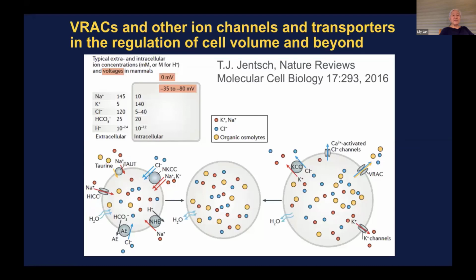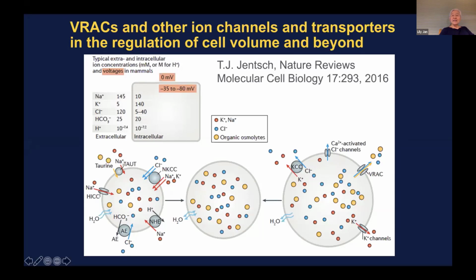A change in the volume of the cell involves a movement of water, moving water into the cell to increase the volume, or moving water out of the cell to decrease volume. The water movement is driven by an osmotic gradient that involves movement of ions. This could be mediated by a volume-regulated channel, like in this case, the volume-regulated anion channel.